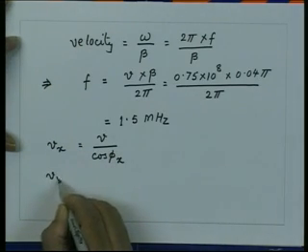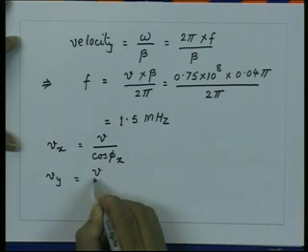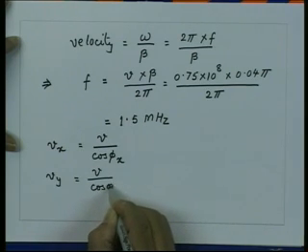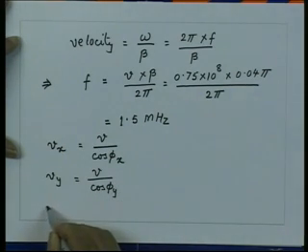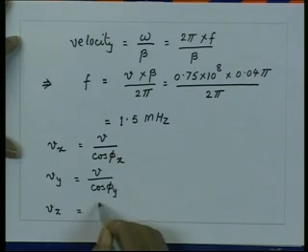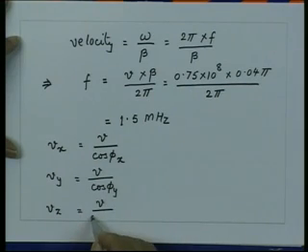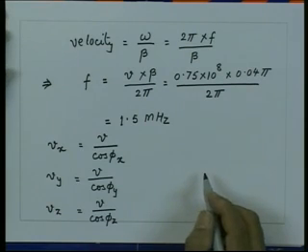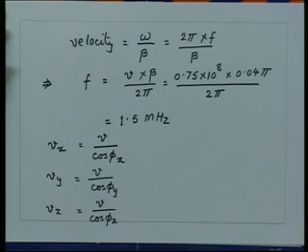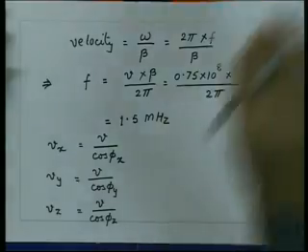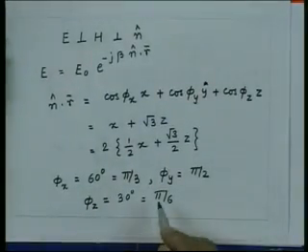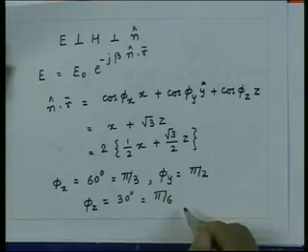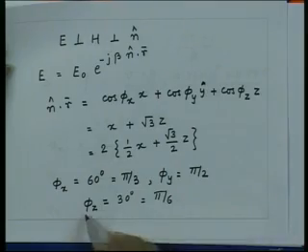The velocity along y direction is V divided by cos of phi y, and the velocity along z direction is V divided by cos of phi z. We have calculated phi x, phi y and phi z. Phi x is 60 degrees, phi y is pi by 2, 90 degrees, and phi z is 30 degrees.